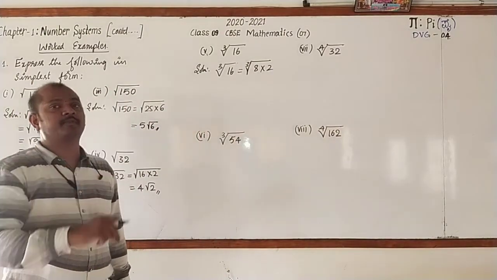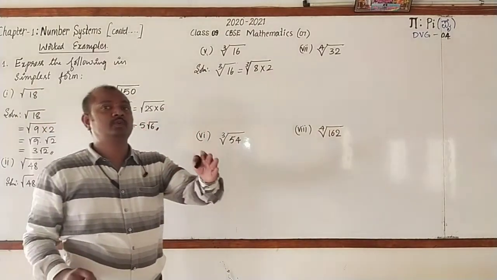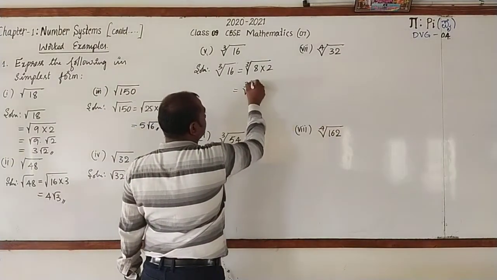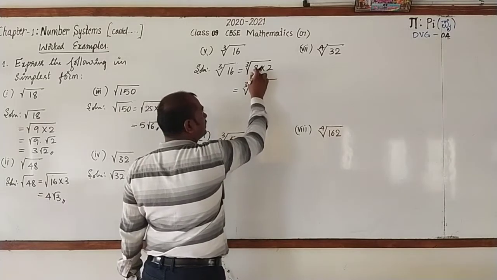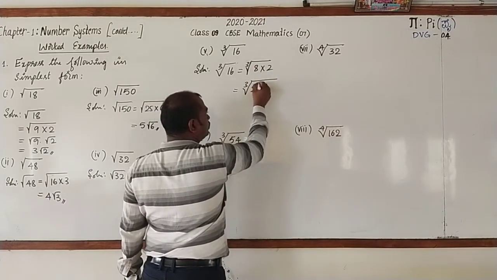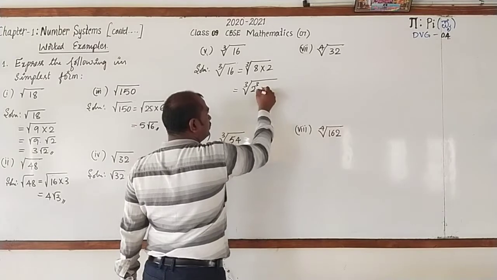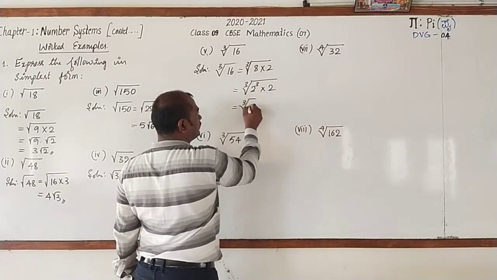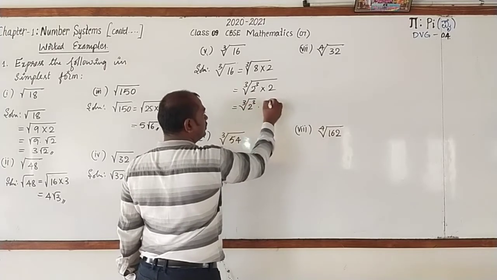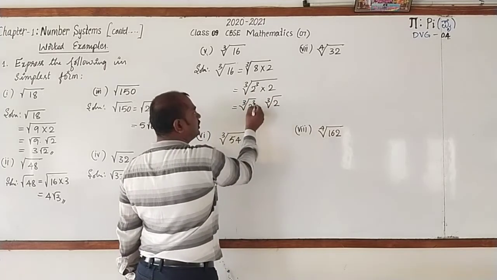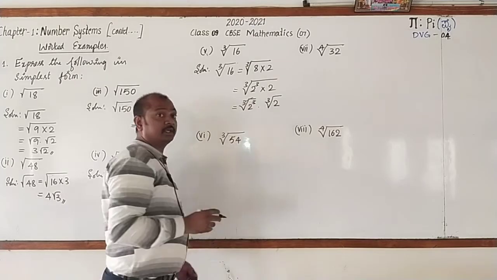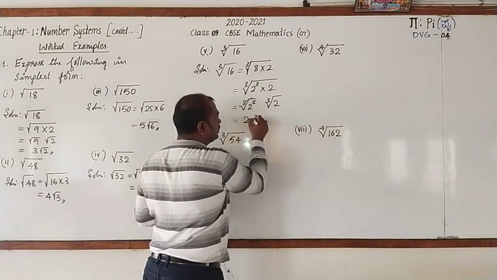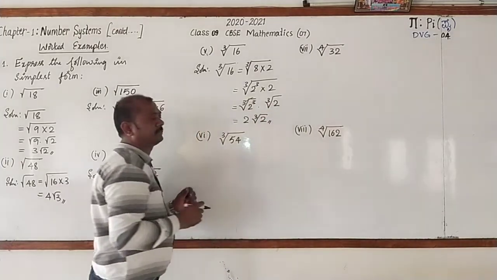Because 8 is a perfect cube. That is 2 into 2 into 2. For the sake of understanding, I go for writing 8 as 2 cube, into 2. It is equal to cube root of 2 cube into cube root of 2. Now see that cube and cube root get cancelled. How much will remain? 2 will remain and cube root of 2 as it is.